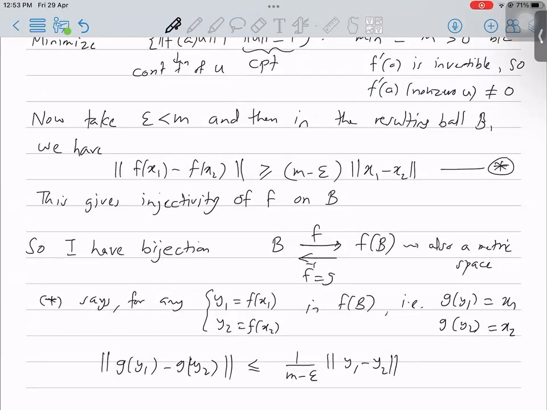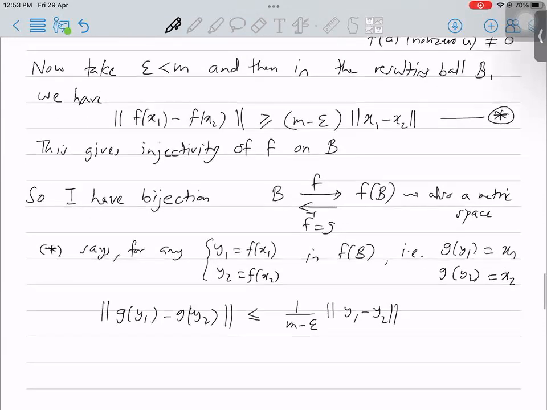This tells me that if y1 and y2 are close, then g of y1 and g of y2 are also close. So in fact, not only is the function g continuous, it is uniformly continuous on the ball.